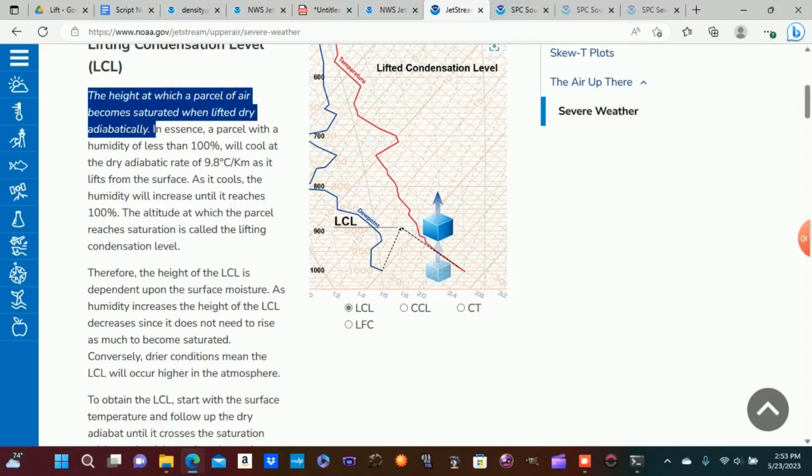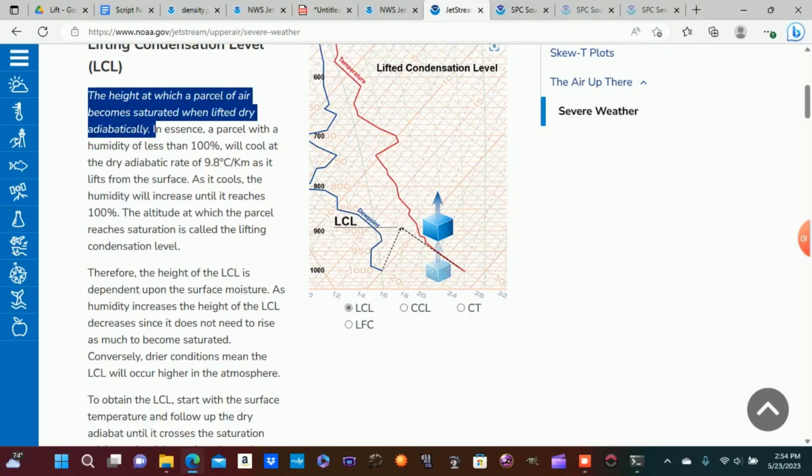And it's going to come up to the point at which your mixing ratio is at. And you find that by looking at your surface dew point, and you're paralleling that to your nearest mixing ratio line. Where these two lines meet together, this is the point at which the lifted condensation level is. And that is where your cloud base is going to be. So that's the height of your clouds, essentially.